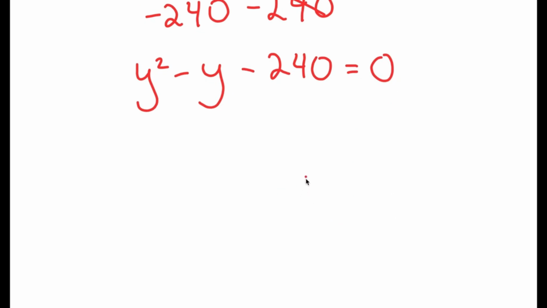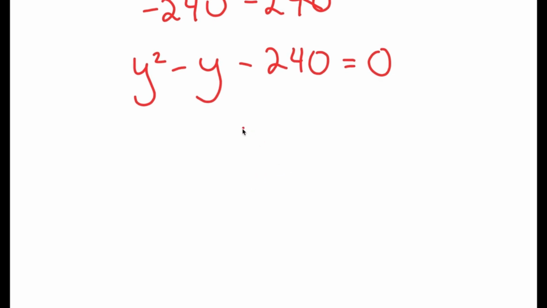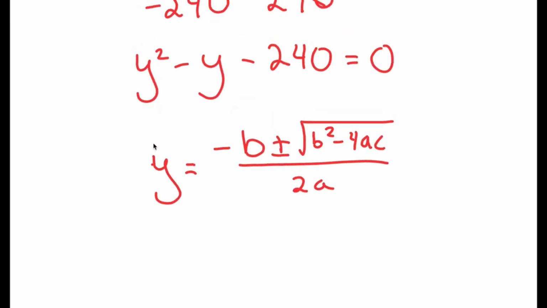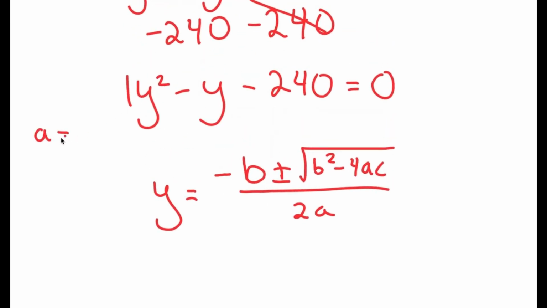So what I have here is a quadratic equation. And to find the solutions of this quadratic equation, I can use the quadratic formula. So if you guys already know, the quadratic formula is negative b plus or minus the square root of b squared minus 4ac all over 2a. So in this case, looking over here, a is 1, b is negative 1, and c is negative 240.